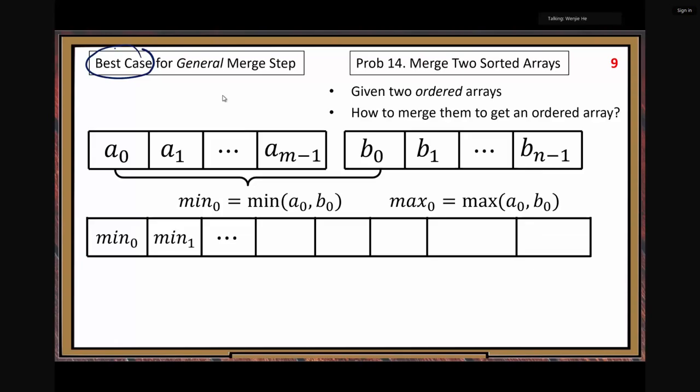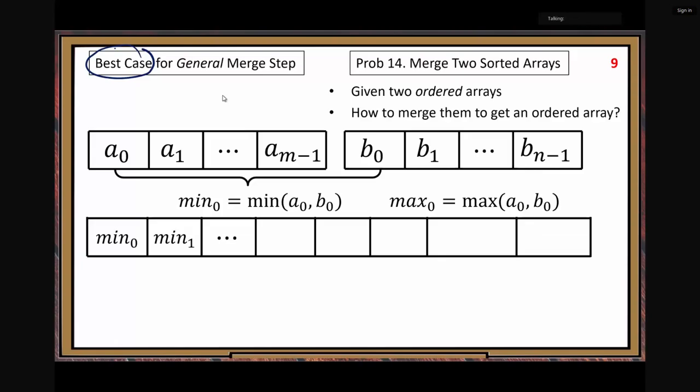Based on the special property of our data, we only need to do the minimum number of comparisons. Can you imagine what special data property we should expect to get the minimum number of comparisons?